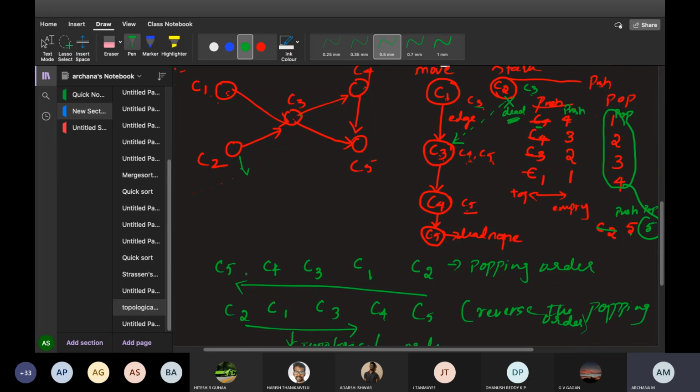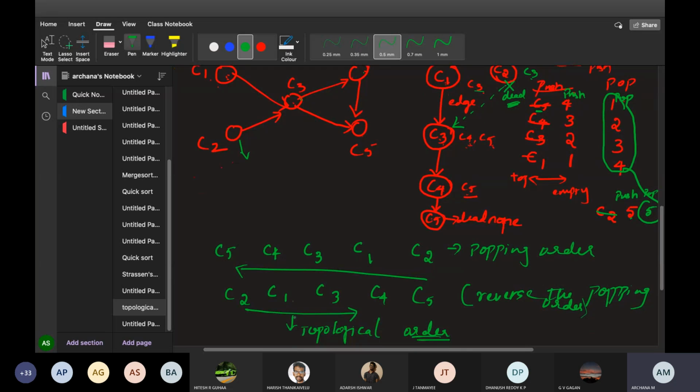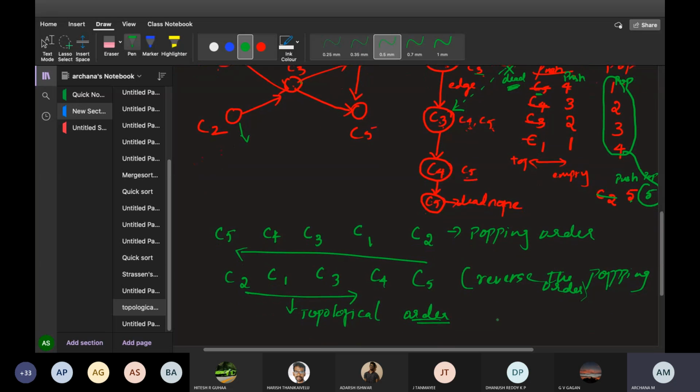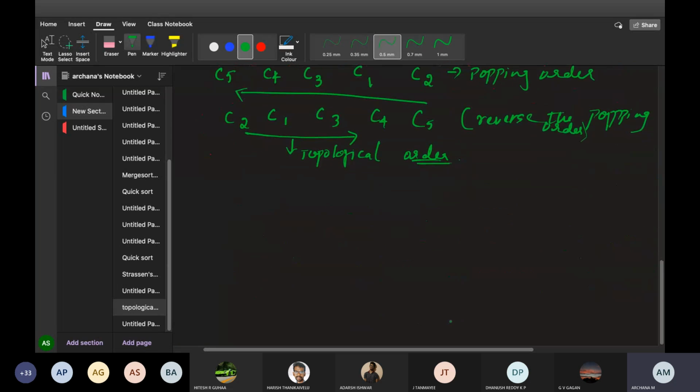That order, you write the nodes and reverse that, and that will be your topological order. This is the technique in your textbook to follow for DFS. Understood? Yes, ma'am. You can apply the same for any big graph also. Okay, so this is the first important technique.